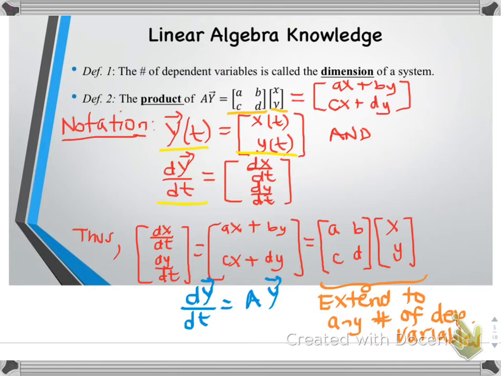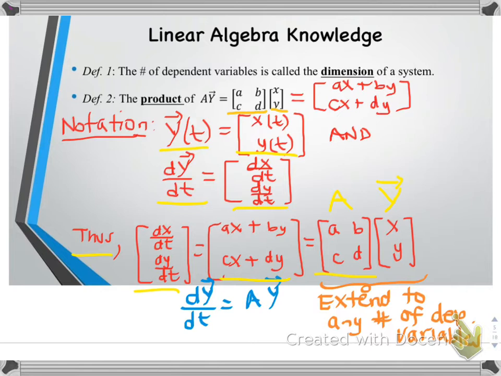And so therefore dy over dt is going to be the column vector with dx over dt and dy over dt. Thus, the column vector dx over dt and dy over dt equals ax plus by and cx plus dy, which if we pull that out, we have our matrix A here and our column vector y.